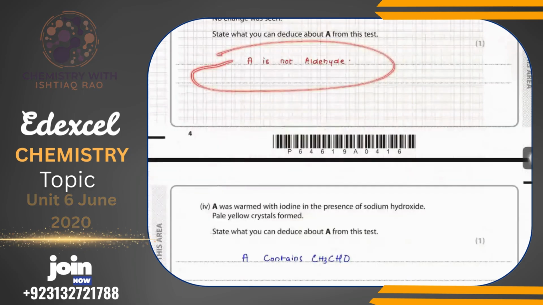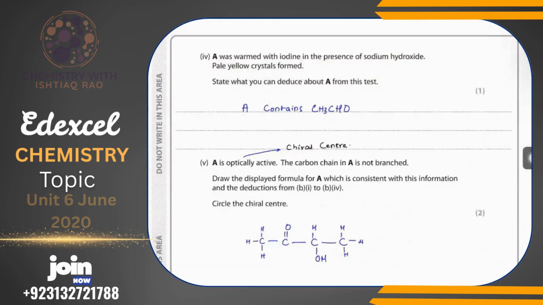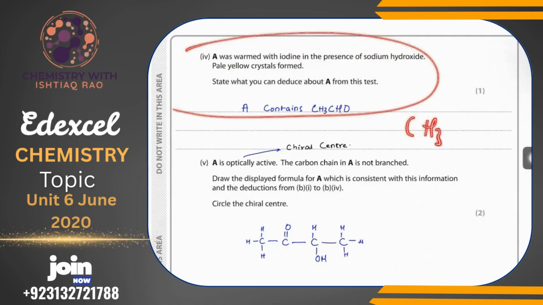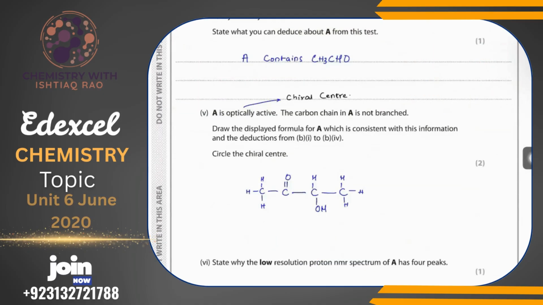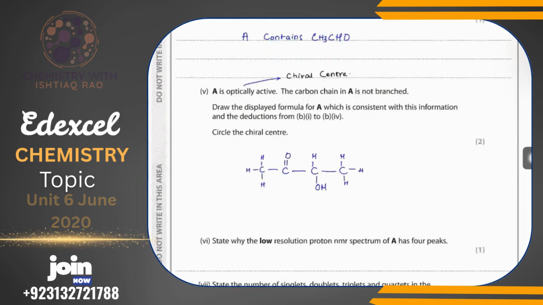Of course it must have a ketone, and in part 4 we identified that it has a methyl ketone. In part 5 they are saying that it has a chiral center. A chiral center is one with four different groups singly bonded to it. After these deductions, I have identified the structure.